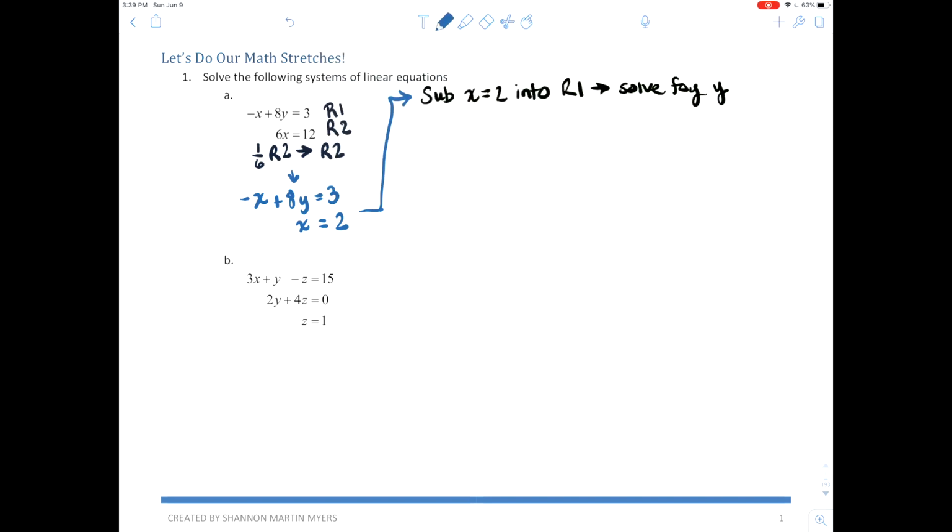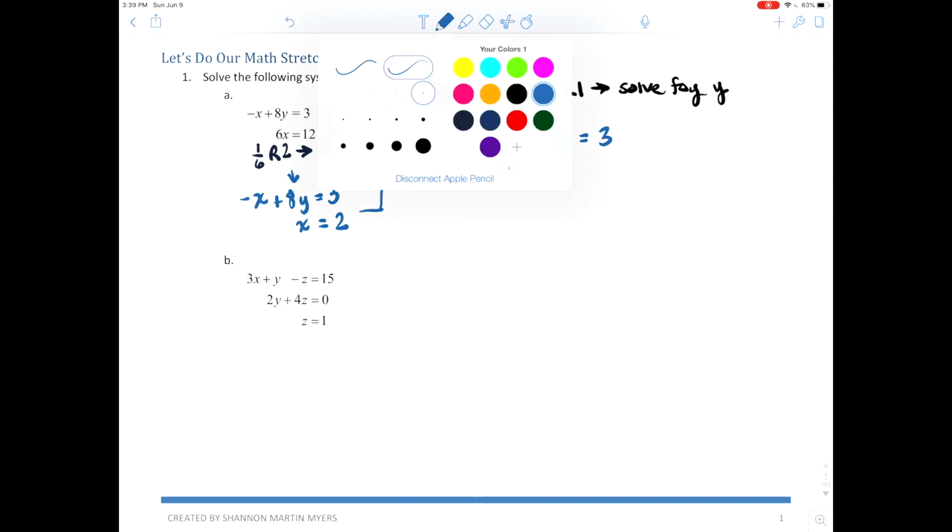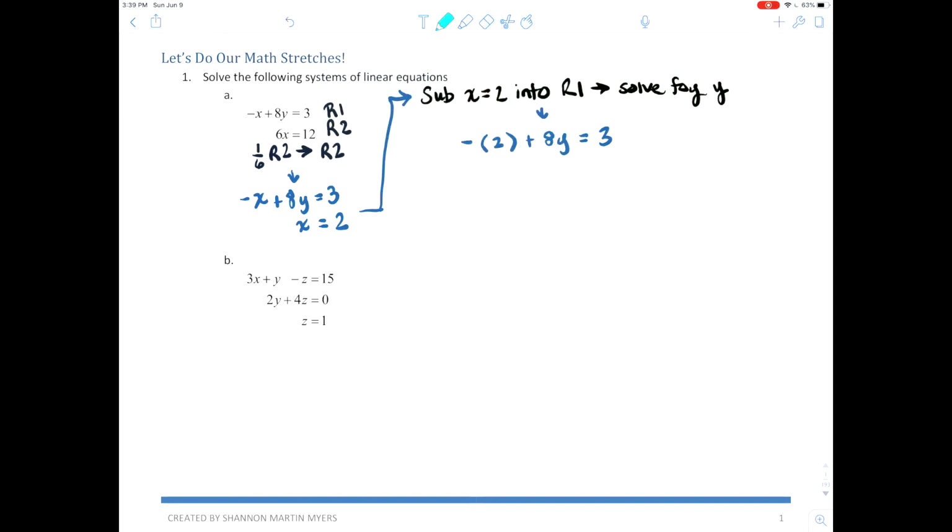Alrighty, so let's do it. Row 1, instead of putting negative x, we'll put negative 2, because x was equal to 2, plus 8y is equal to 3.